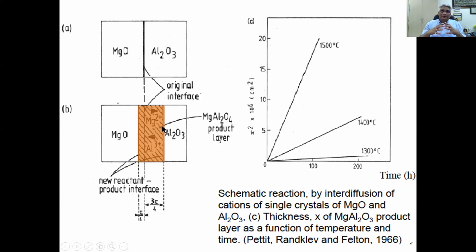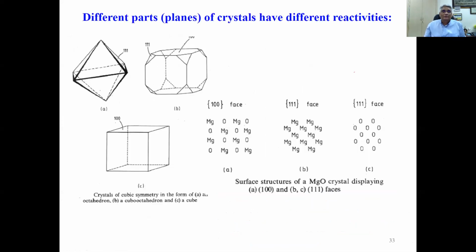But if you want to increase the reaction rate, this is not the way to go. You can't make two solids react with each other. That's a very time-consuming process.